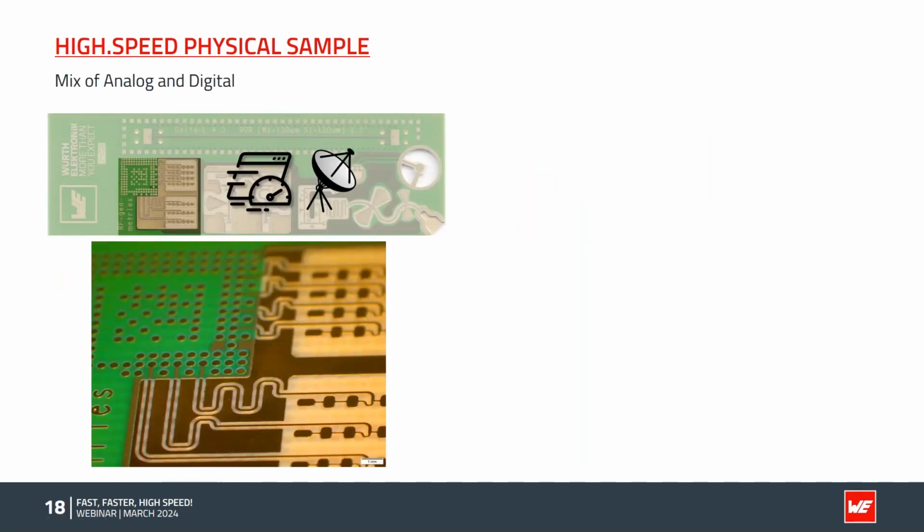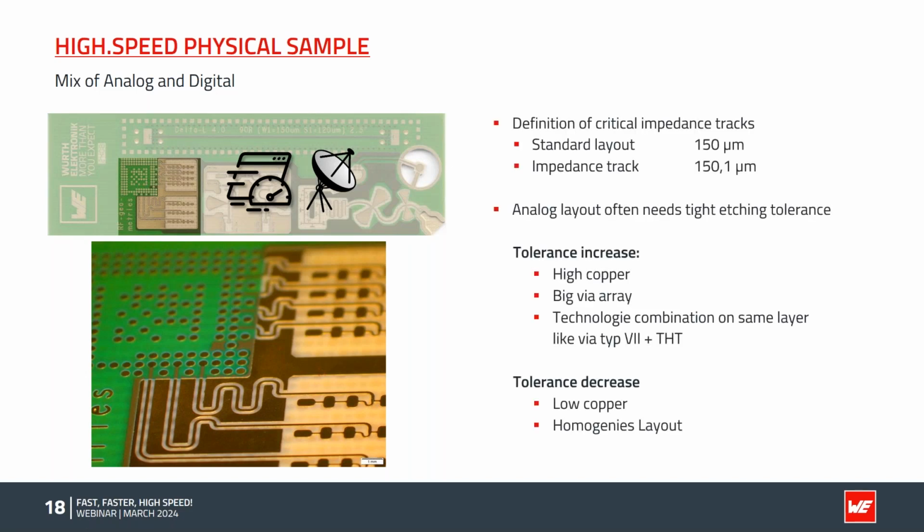If we flip the samples over to the other side, we have a mixed section. So it's a mix of an analog and digital signal. We have a BGA, which has an antenna grid for sending and receiving data. The chip is evaluating the signals and providing them as a digital signal to the rest of the circuit. In such applications, it is very, very important to define the critical impedance tracks.